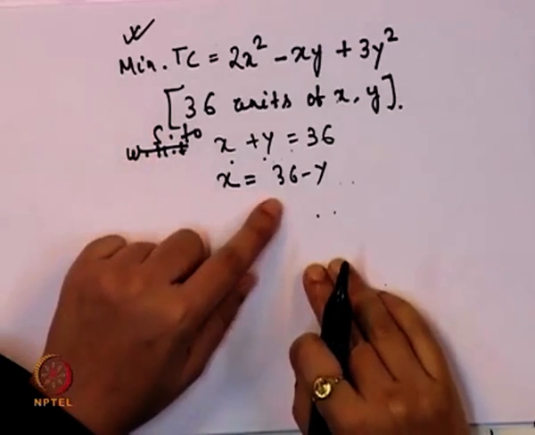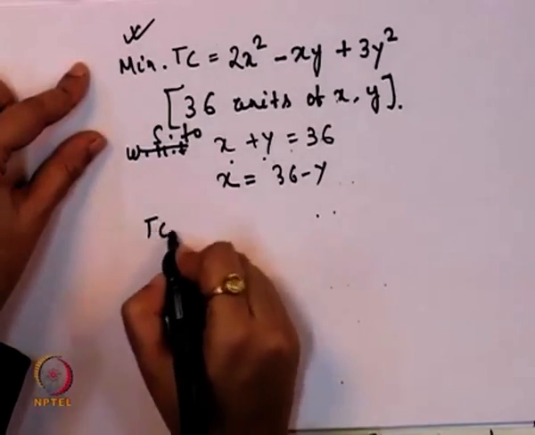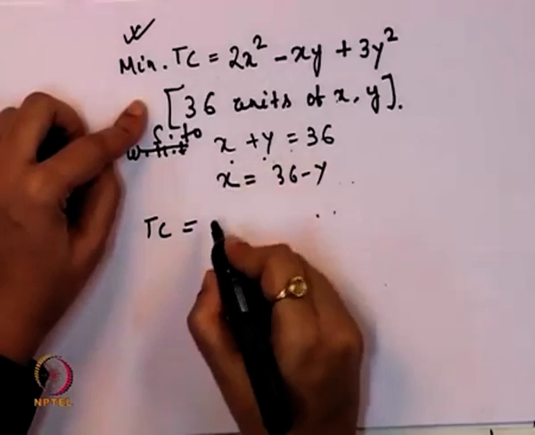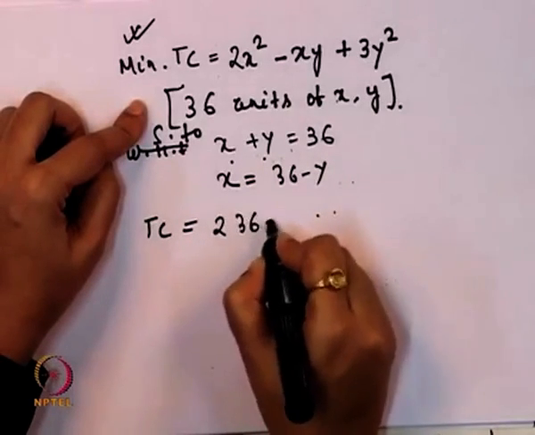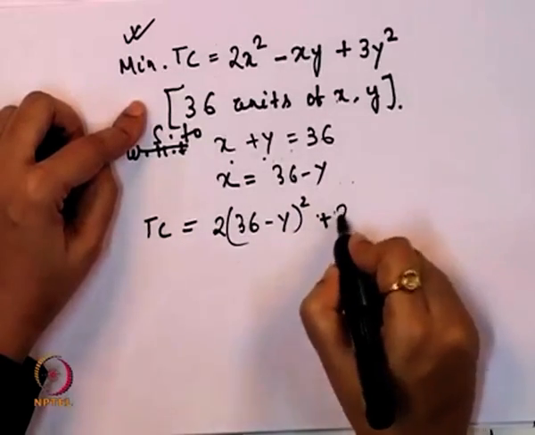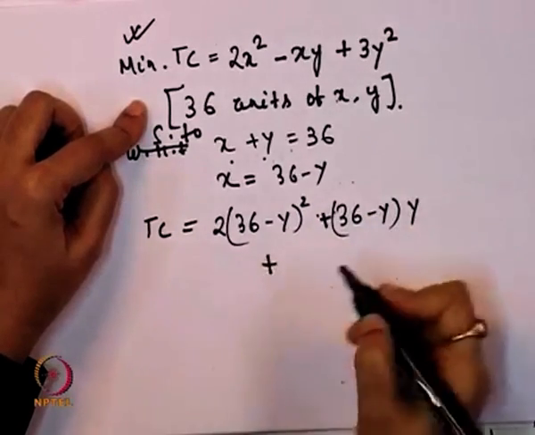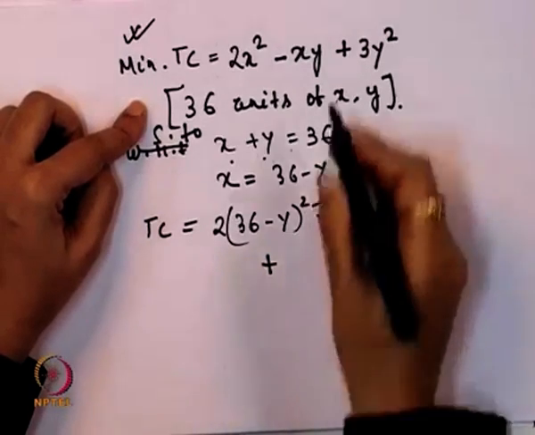So here x is equal to 36 minus y. Now putting the value of x in the cost equation, 2x square minus xy plus 3y square, so this is 2(36 minus y) square, minus (36 minus y)y, plus 3y square.